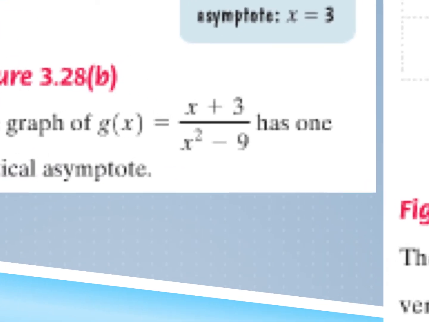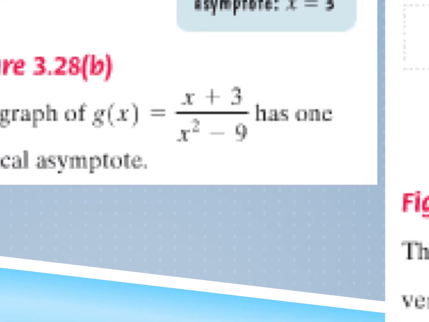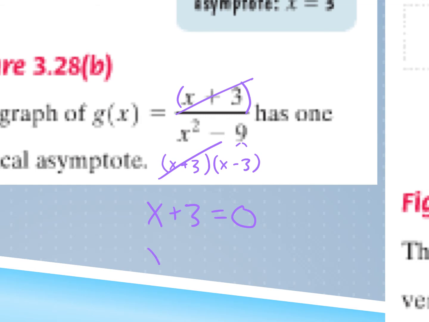To find our hole, we have to factor the top and factor the bottom and see if anything repeats. The top is factored, we have x plus 3. I can factor the bottom here. What are two factors of negative 9 that add to 0? X plus 3, x minus 3. So what repeats? The plus 3's repeat. So I would have a hole at x plus 3 equal to 0.